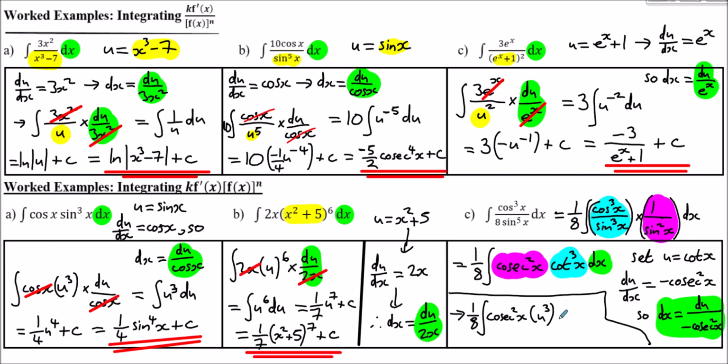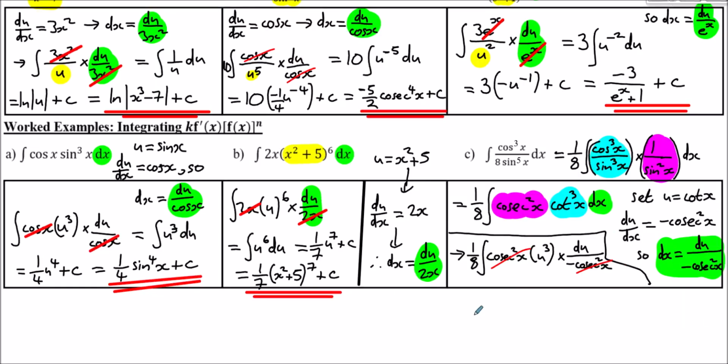And dx is the same as du all over minus cosec squared x. So that cosec squared cancels with that cosec squared, but just be careful of this minus. Because you've got the minus, I'm going to take the minus to the outside. So I can say that 1/8 is now minus 1/8. Then just got the integral on the inside, u cubed with respect to u.